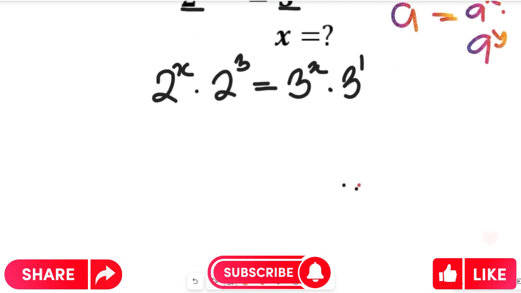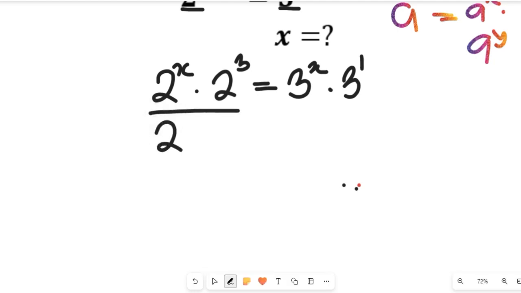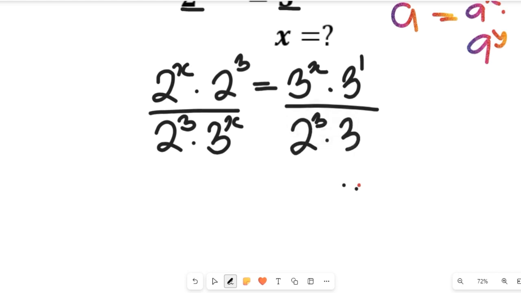What we'll simply do is to divide both sides by 2 to the power of 3 multiplied by 3 to the power of x. Then this clears this, and on this side this clears this.